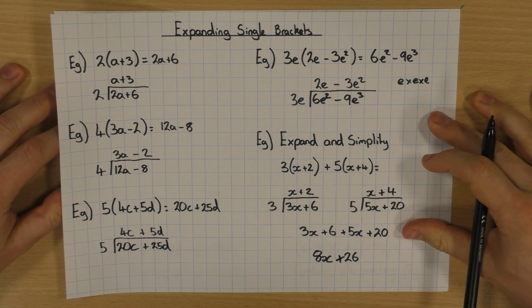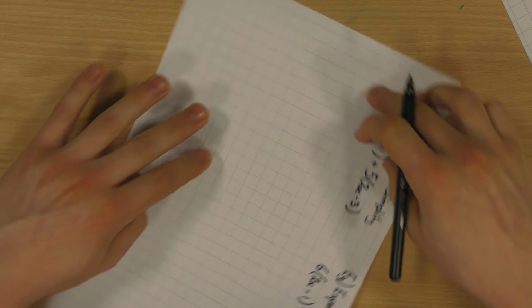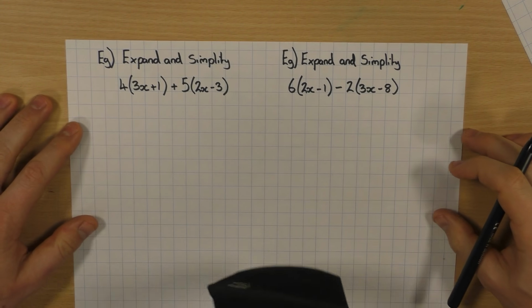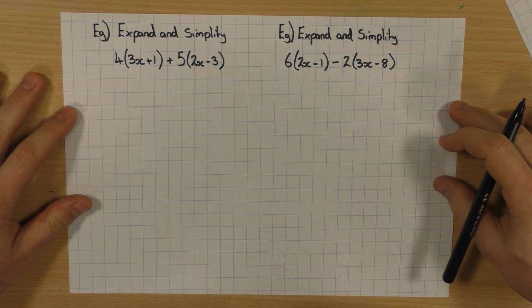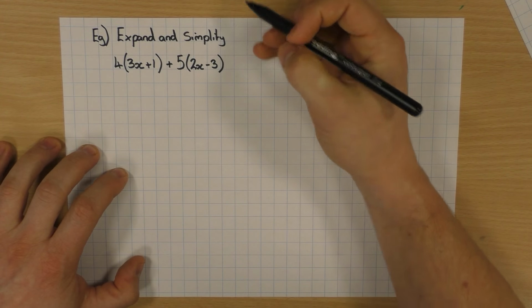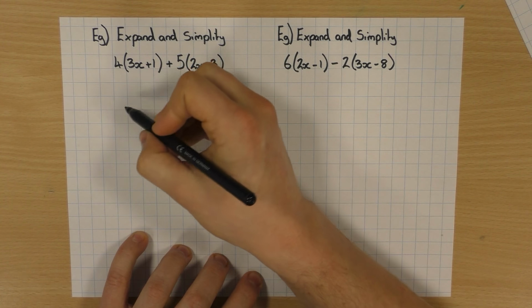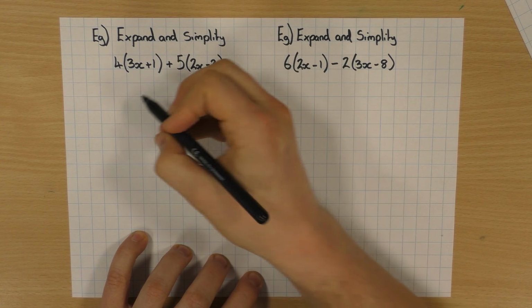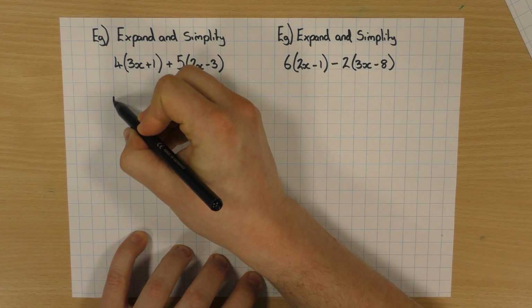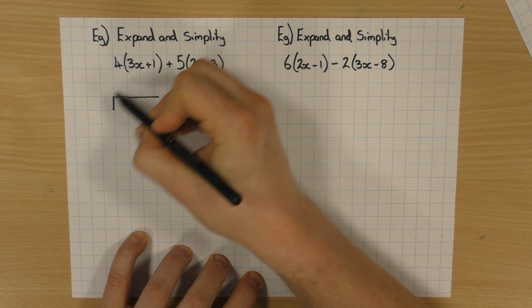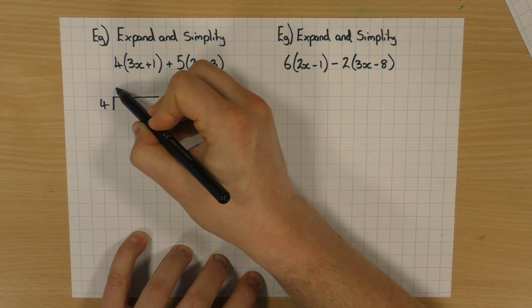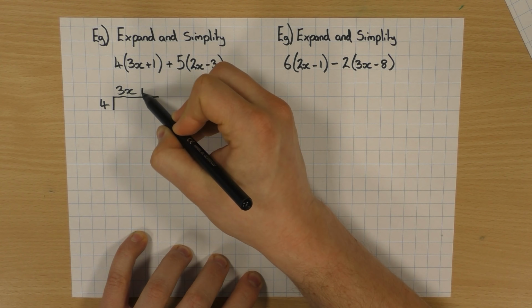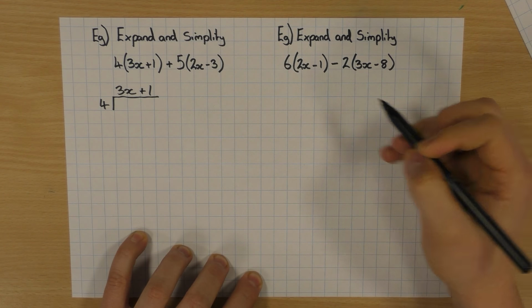They do get a little bit trickier, which is what we're going to have a look at here. It's upside down. Let me just double check that's in view. Yep, lovely, we're in business. Okay. Exactly the same steps. Expand this one, expand this one. So let's do that. So here's my first one, 4 on the outside, 3x plus 1 there.